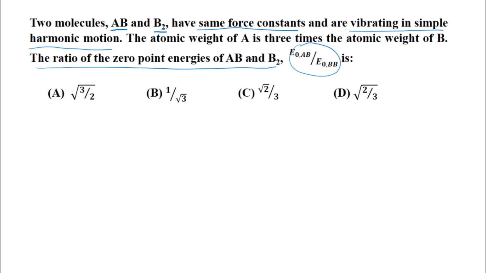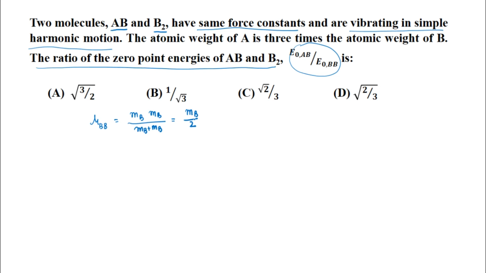So, let us find the reduced mass of B B or B 2, that we can write M B times M B divided by M B plus M B. So, that is given by M B by 2.